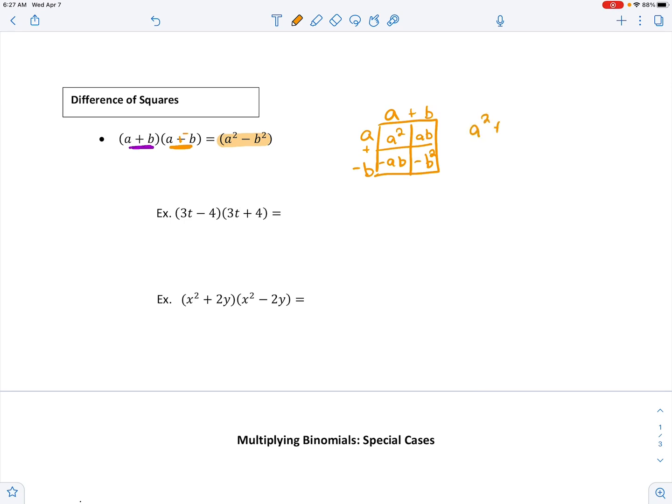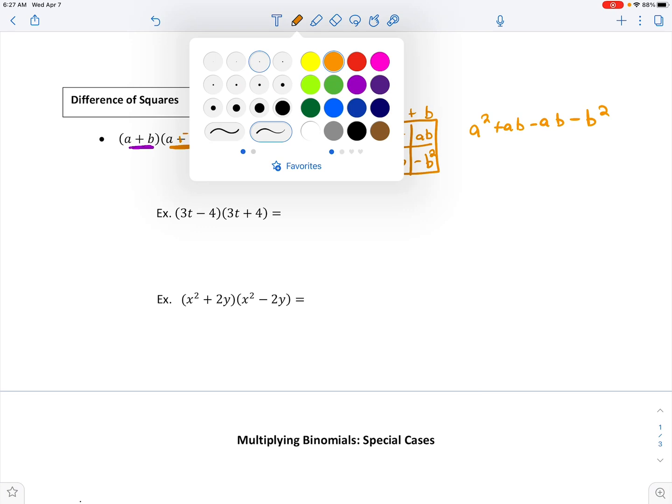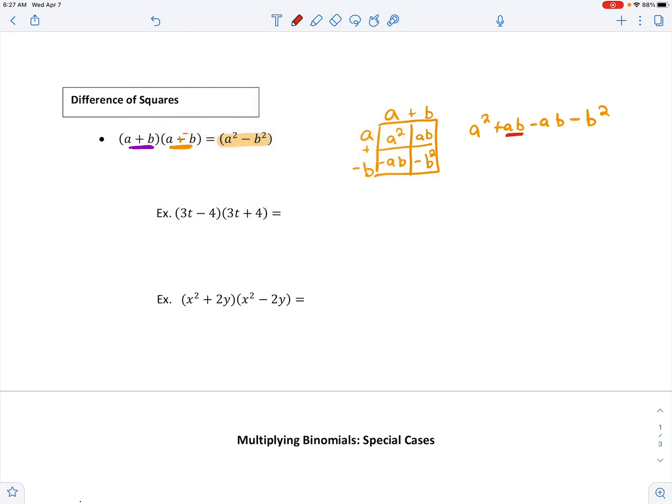So it becomes a squared plus ab minus ab minus b squared. Notice how ab and negative ab are there. They cancel each other out, so all we're left with is a squared minus b squared. And that's where this formula comes from.